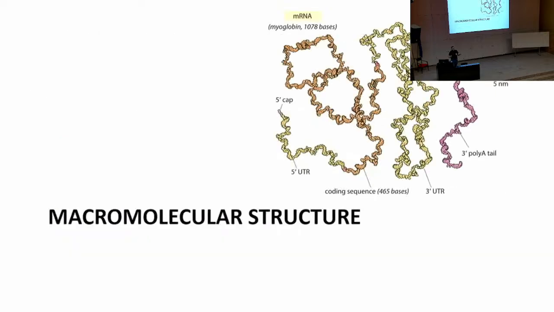Here is a small reminder that the nucleic acid encoding a protein is much bigger than the protein itself. This is the mRNA which is encoding myoglobin, in comparison with myoglobin itself.